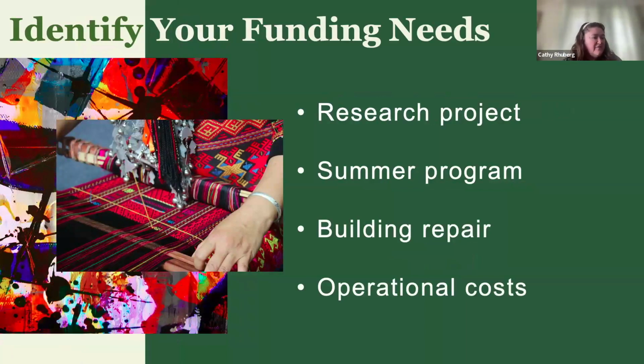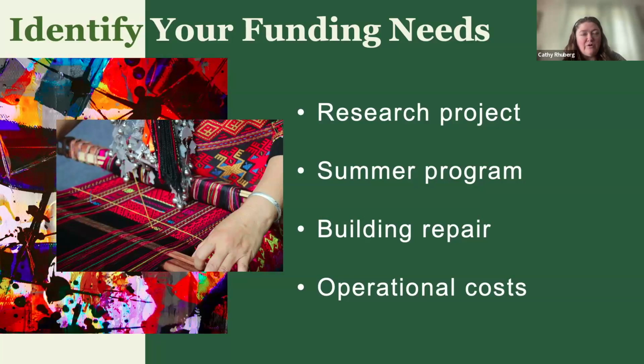So identifying your funding needs. When you're looking for grants, you are not going to have one grant that is just perfect for your project and covers everything you need. So you need to identify what your funding needs are. It could be a research project. It could be a summer program for youth or a feeding school lunch program during the summer, building repair.